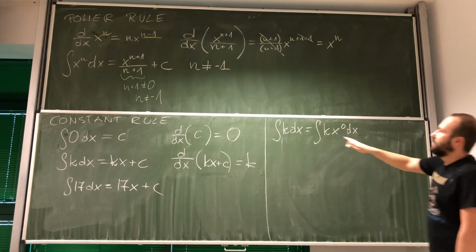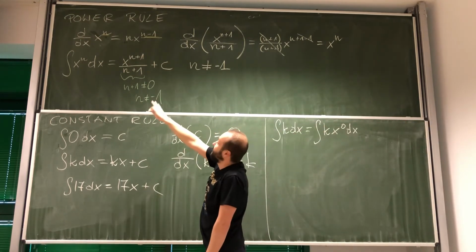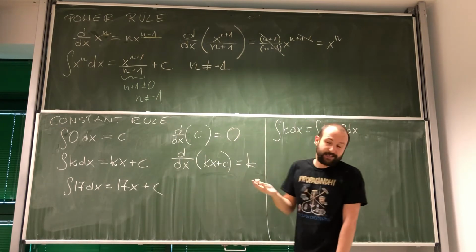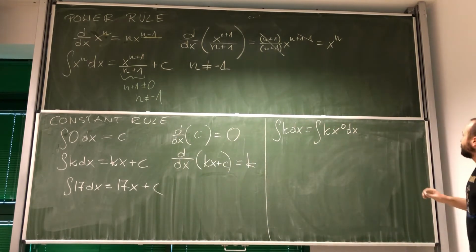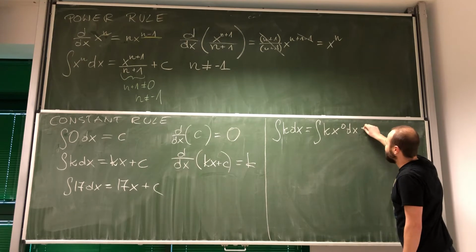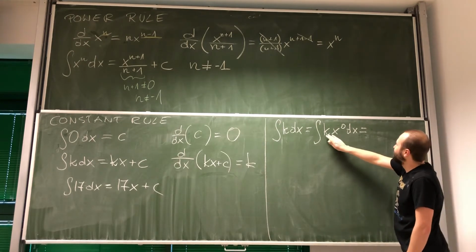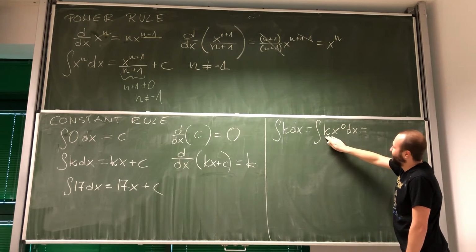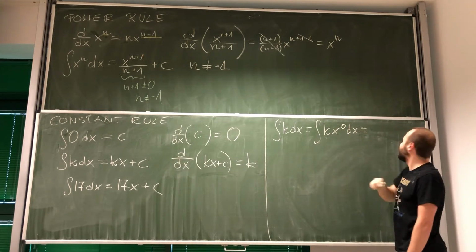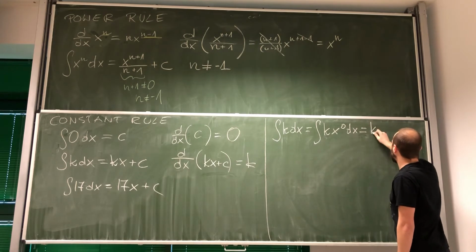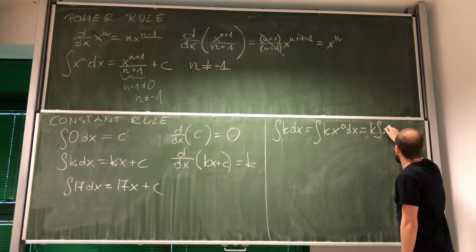Does it fall into this category? Yes, because 0 is different than -1. Okay, so look, by our rule, I haven't introduced you one rule before that we can actually get this k out, but we will get to it a little bit later. Just trust me for now that we can.